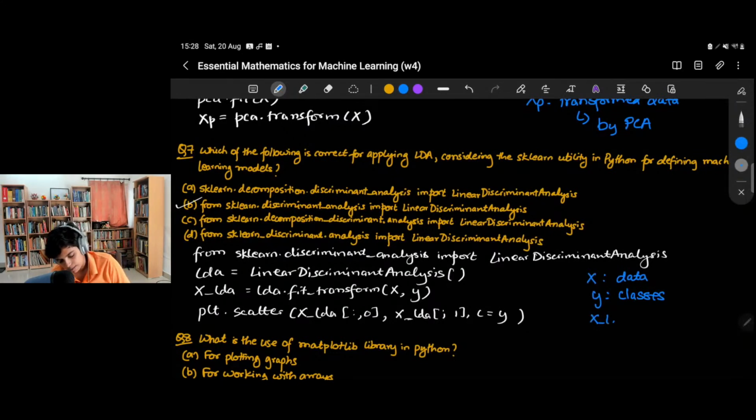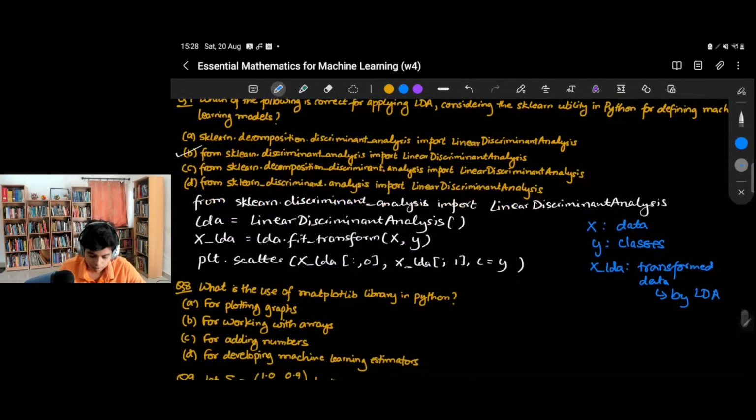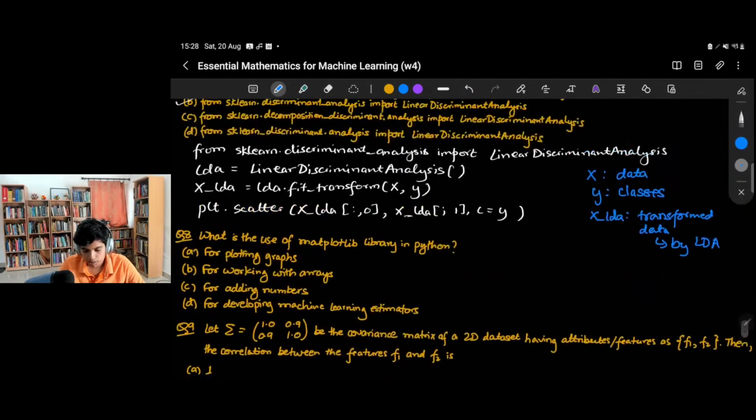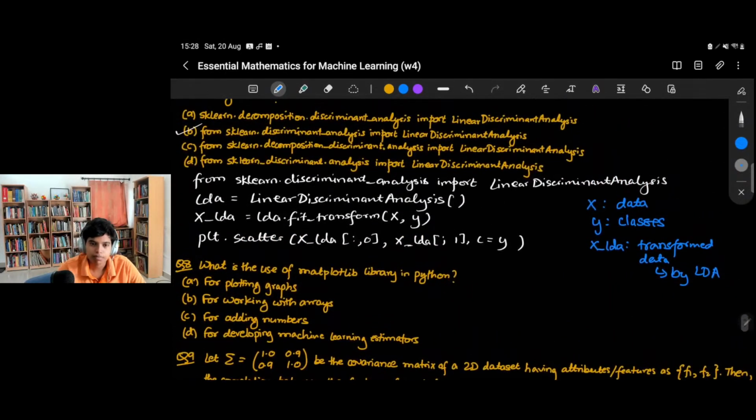And then finally, you have the transformed data by LDA. So this is simple, again, some 3-4 lines of code that you would use to perform LDA in Python.